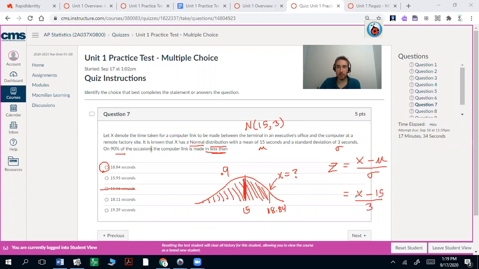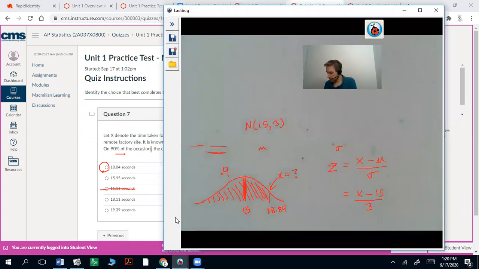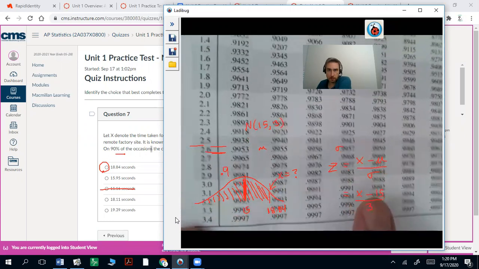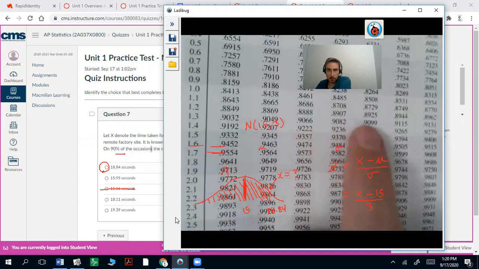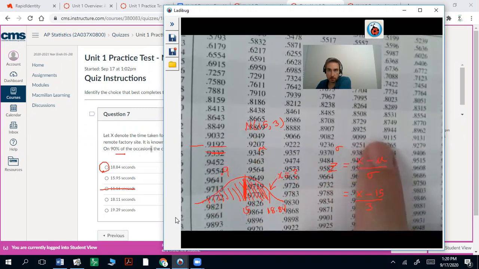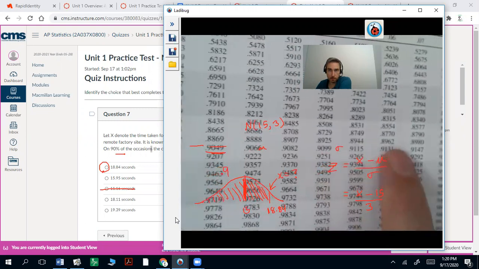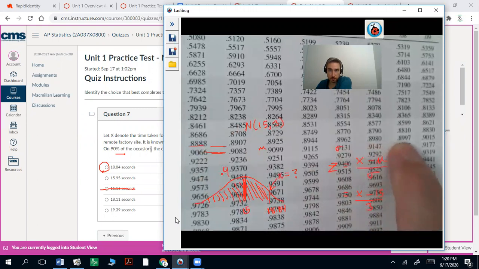But we can get our z because on the table, you're going to look for 0.9. So 0.9 is going to be right about, I would say that's the closest number to it.